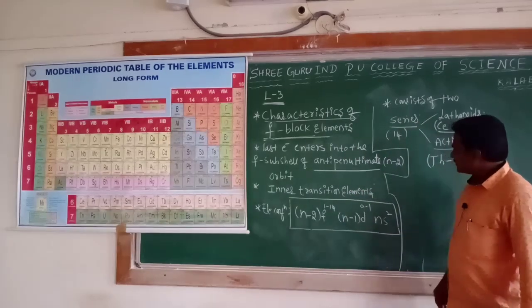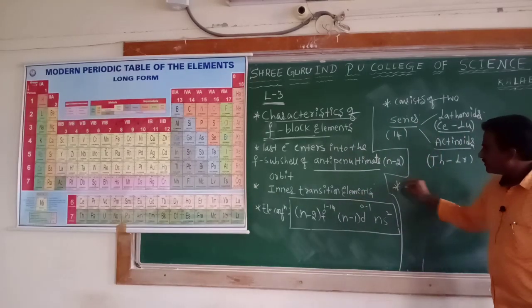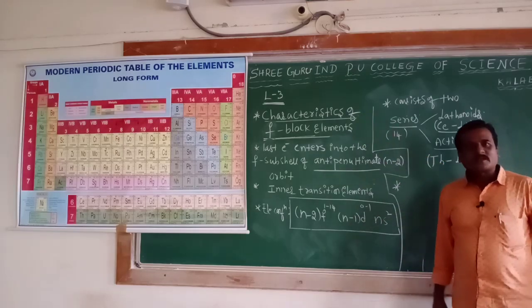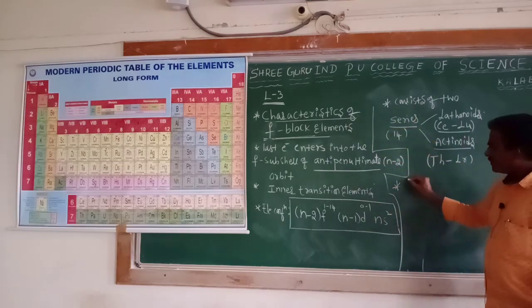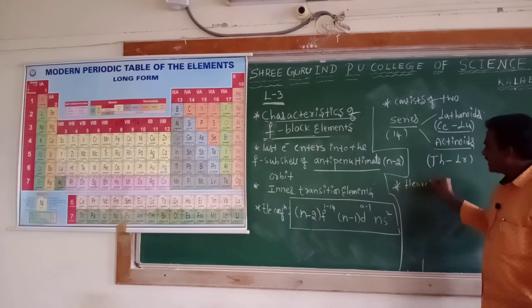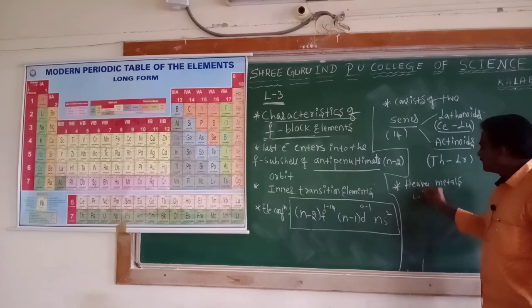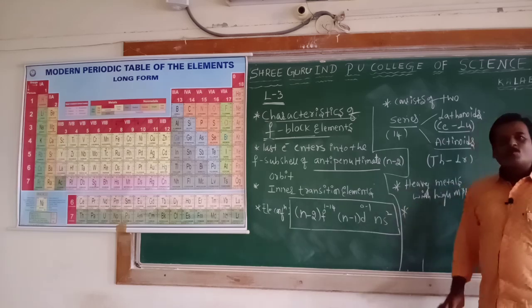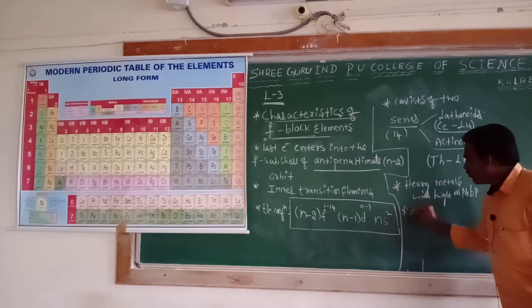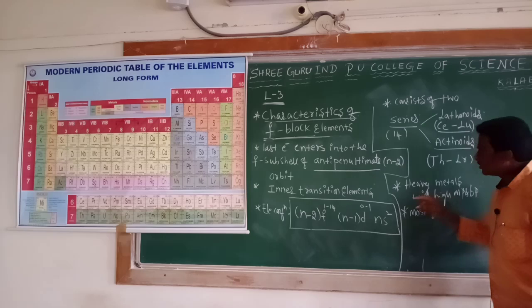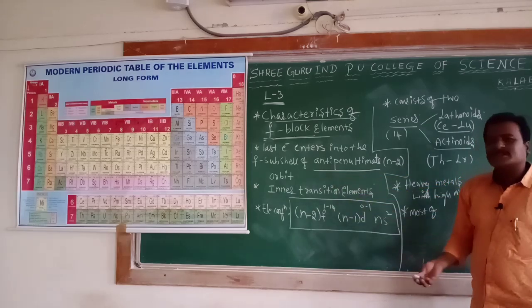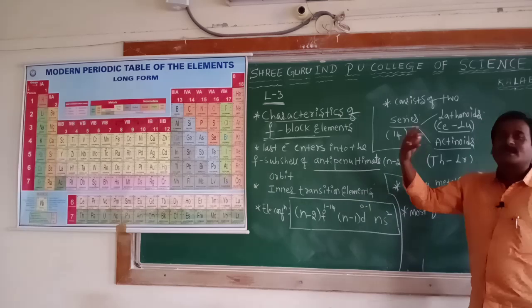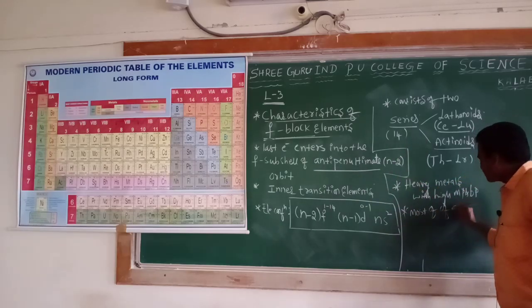Next, further characteristics regarding the f block elements. Most of the f block elements are heavy metals with high melting point and boiling point. Most of the actinides are radioactive. After uranium all are radioactive.